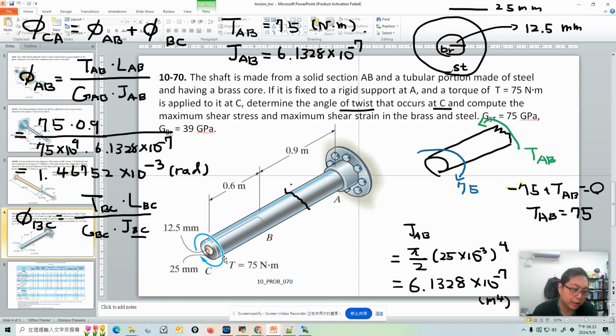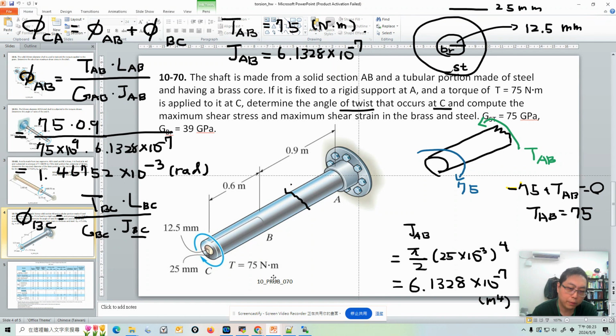Just like I said, the core part will contribute torque, and the shell part also contributes torque. So which value are you going to take? That would be a problem.